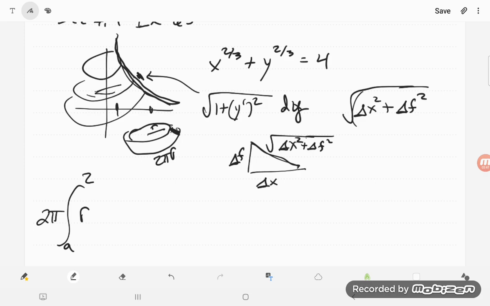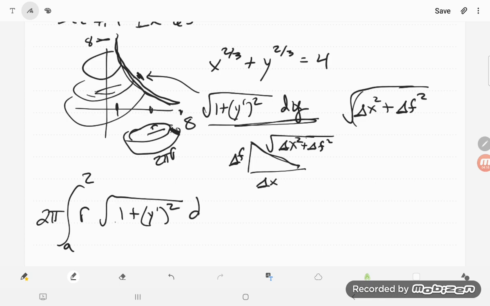And y goes from 0 to 8, and this is 8 here, and this is 8 there. So we revolve around that y-axis, so we need our 2 pi r. And then we need this element in there: 1 plus our y prime squared and dy.